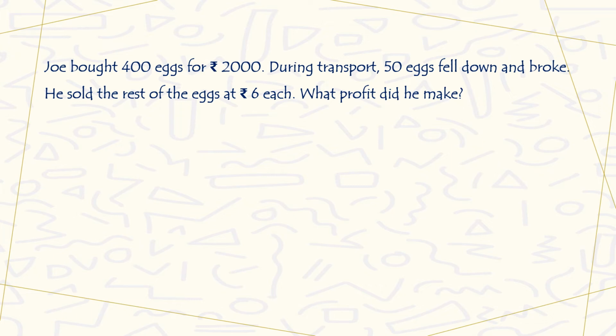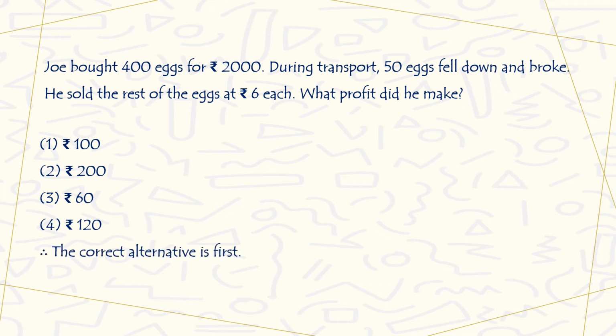What profit did he make? He spent rupees 2,000 for 400 eggs, and he's selling the eggs for rupees 6 each, so what will be the profit? Option 1 is rupees 100, option 2 is 200, option 3 is 60, and option 4 is 120 rupees. So the correct alternative is alternative number 1.